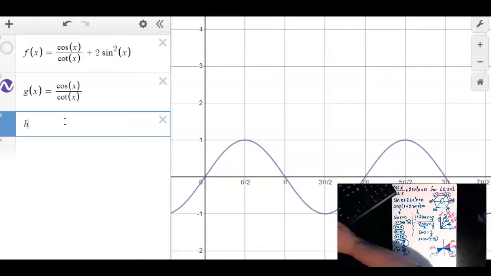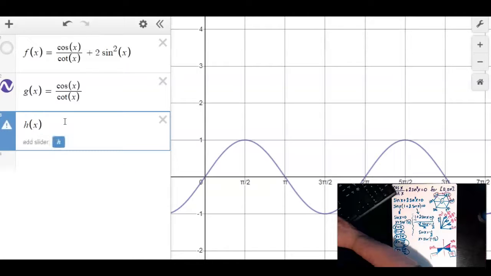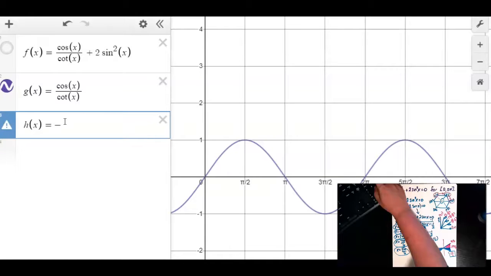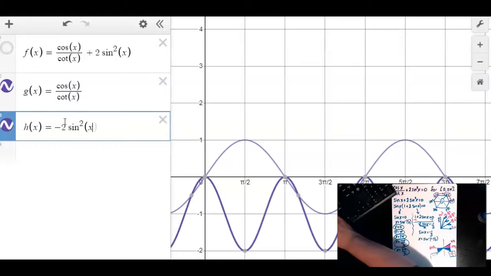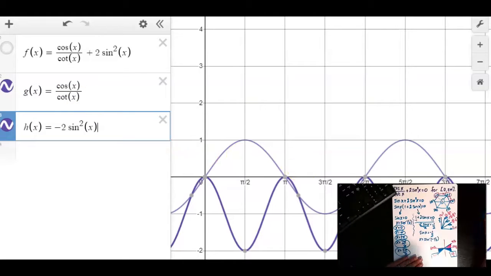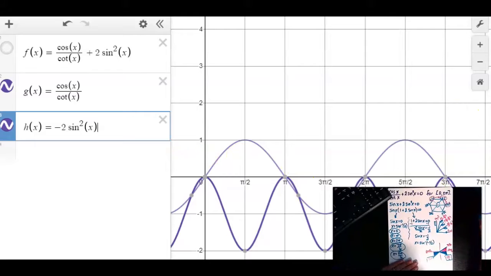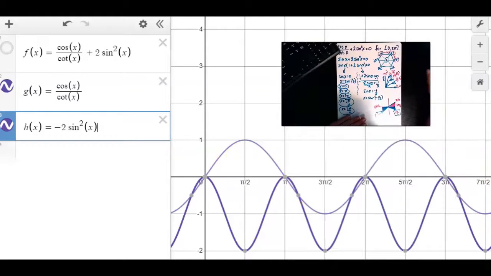And then in the next graph, we'll do the other side of the equation. H of x equals negative 2 sine squared of x. Because where we started, we had cosine of x divided by cotangent of x plus 2 sine squared x equals 0.